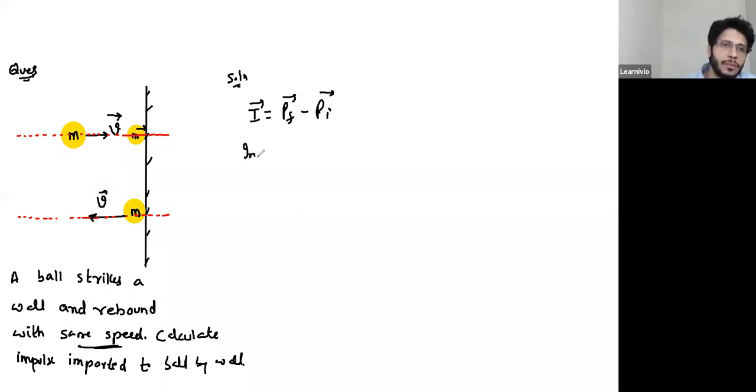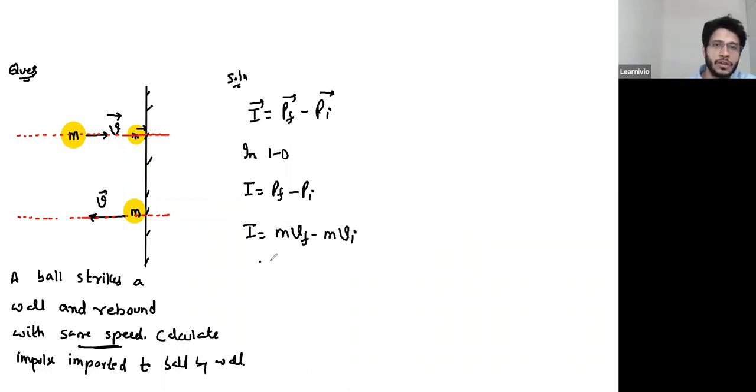So in a 1D problem, you can replace this vector sign with just sign convention. It's P final minus P initial. So you can write P final as mass into final velocity minus mass into initial velocity. You can take mass as common.